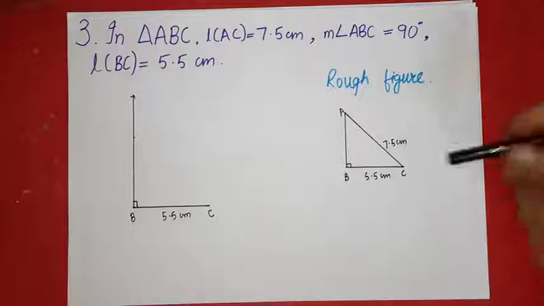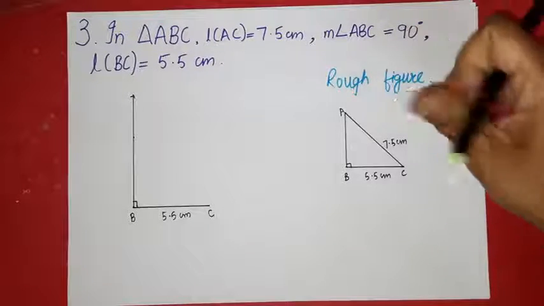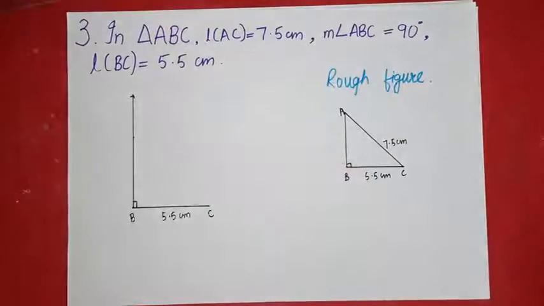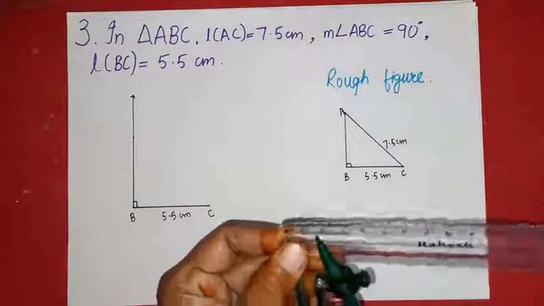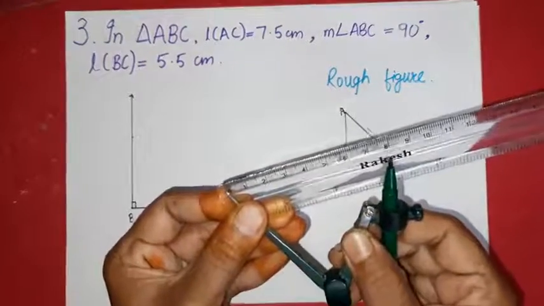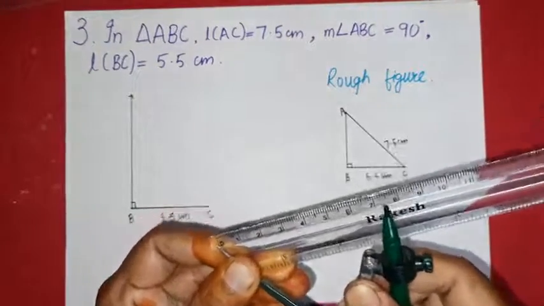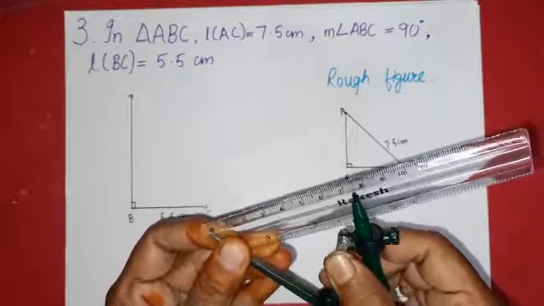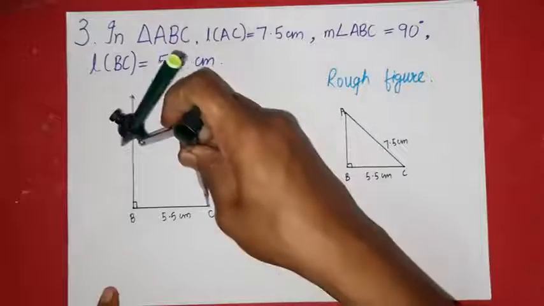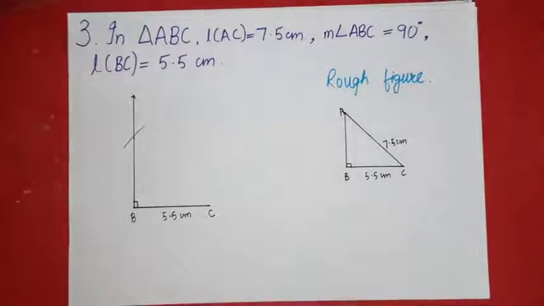Now here we have to mark 7.5 centimeter to get the location of vertex A on this ray. So now on the compass put the needle end on 0 and bring the pencil end on 7.5 here like this. Now we will put it on vertex C. Give the arc here like this.